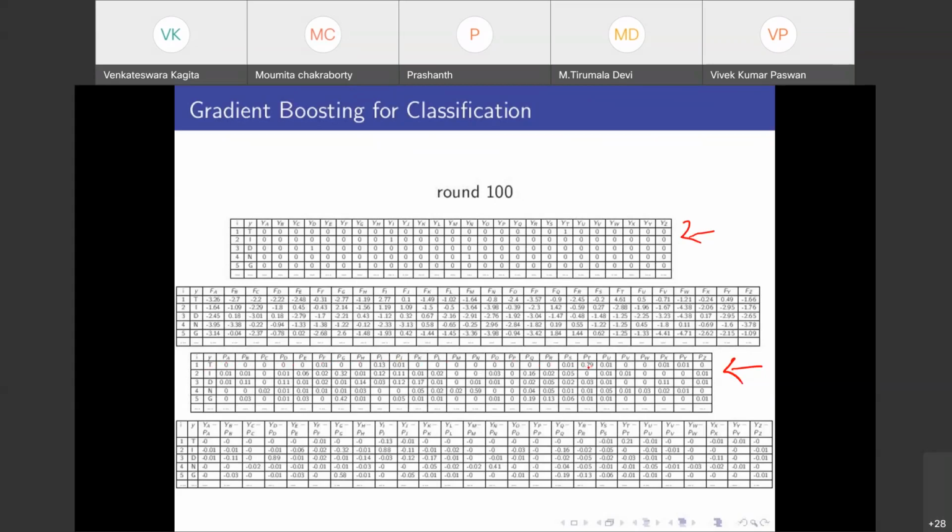For PT, isn't it? 0.79. For the other values, it is close to 0.1 or 0. So the predicted probability distribution is close to the true probability distribution after 100 iterations.